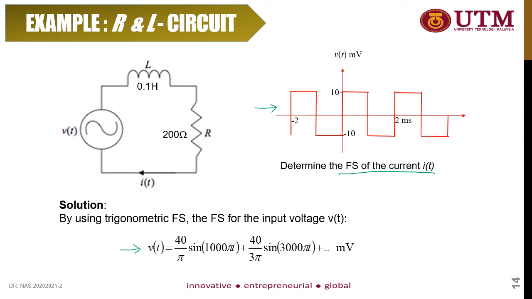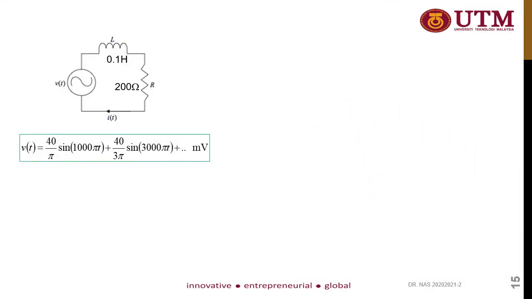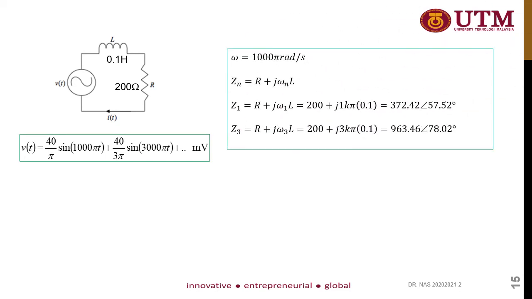Once you have the equation, you can develop the Fourier series for the current IT. Okay, so let's start. You need to consider the omega. From the earlier calculation, we know this omega is equal to 1000 pi radians per second.